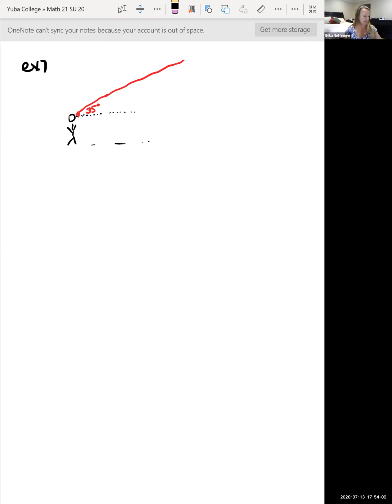And then it also tells us that he walks 30 feet closer to the tree.